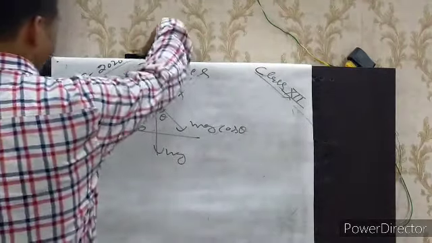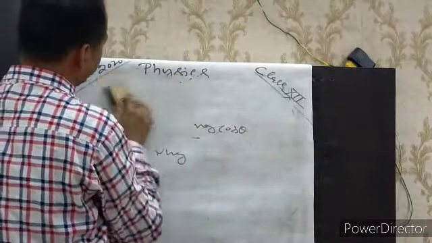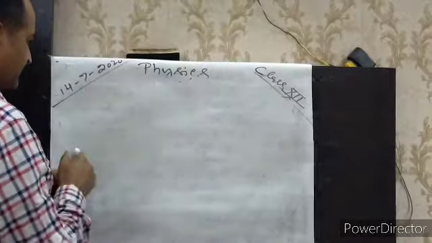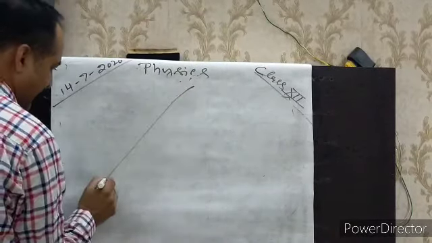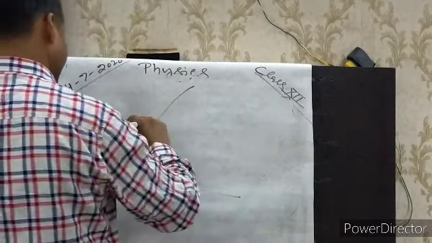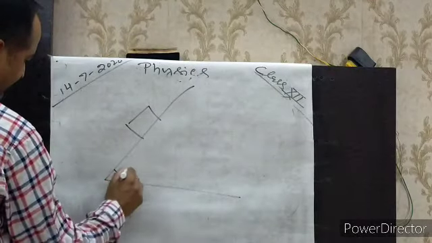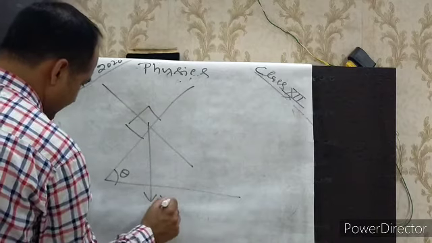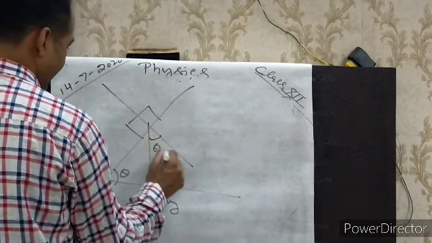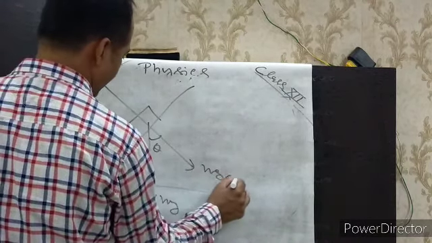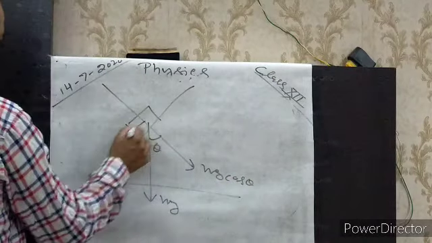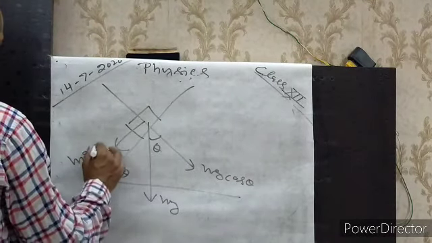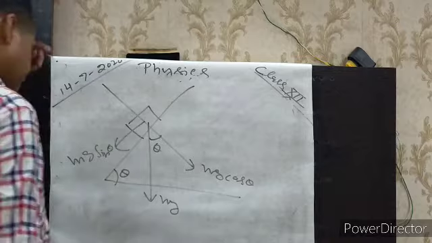Now to initiate the motion, I am going to draw the diagram again. Big diagram, see. This is the block, this angle is theta, this is normal, this is vertical line, this one is mg, this is theta, this is mg cos theta, and perpendicular to mg cos theta, this is mg sin theta.